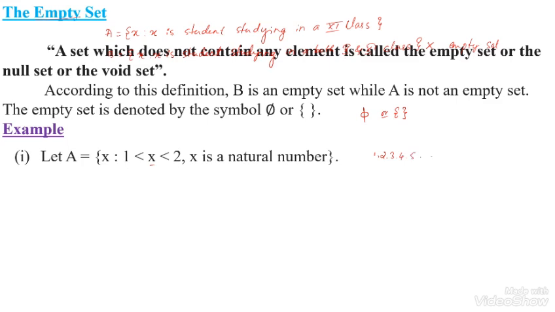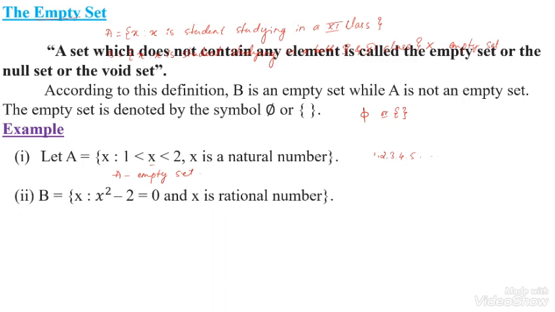Based on the definition, A is an empty set, because there is no natural number that lies between 1 and 2. This is an example of an empty set. Let us move on to the second example.